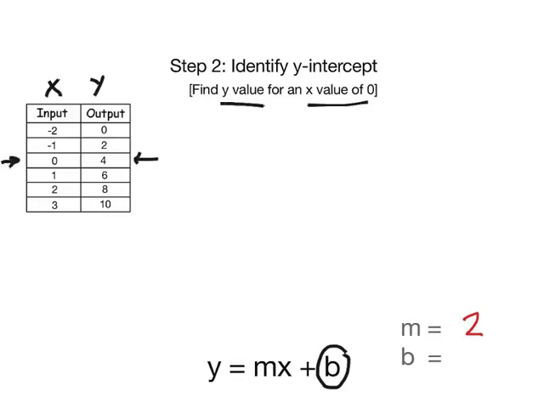What would our y-intercept be knowing this information? Hopefully you got that the y-intercept would in fact be 4.